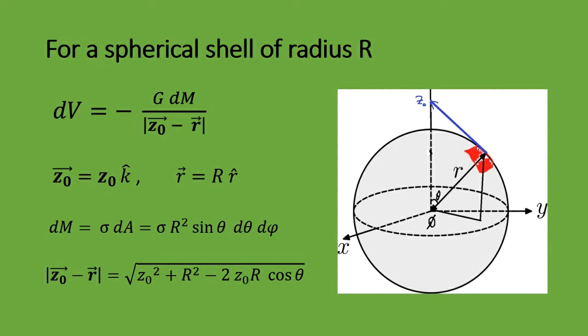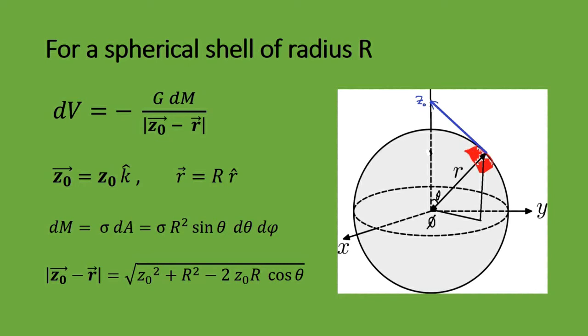From our discussion before, the small potential produced by this small mass, and I'm reading from the first line, should equal minus the constant G times the small mass of that piece divided by the distance from the small mass, the red one, to the location z0.